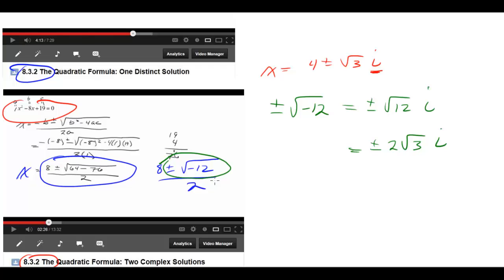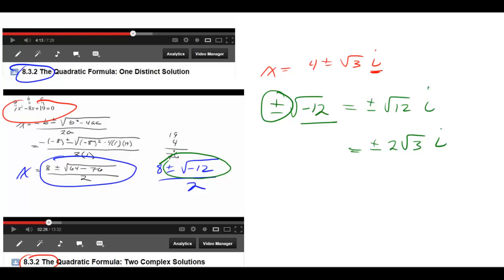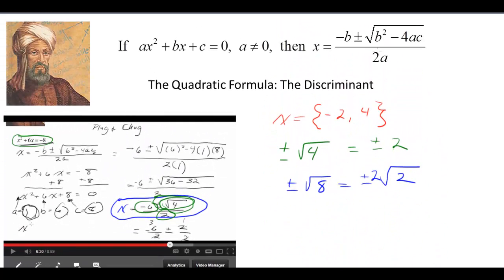And that got canceled somewhere along the way. In any case, because this is negative, we end up with a complex number, and two complex numbers because we have the plus or minus. So let's go back and look at the discriminant, this thing right here.